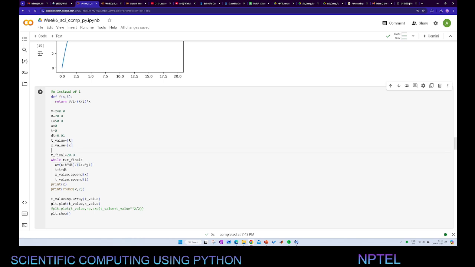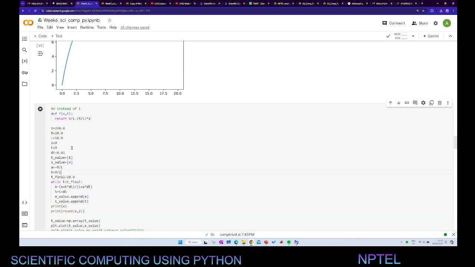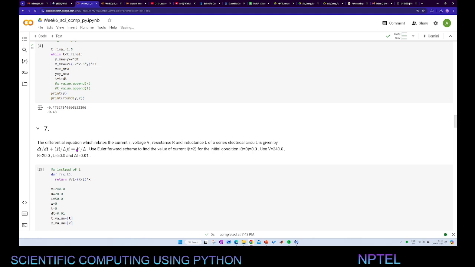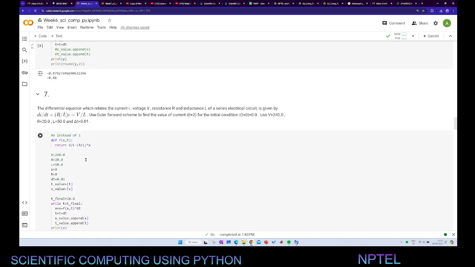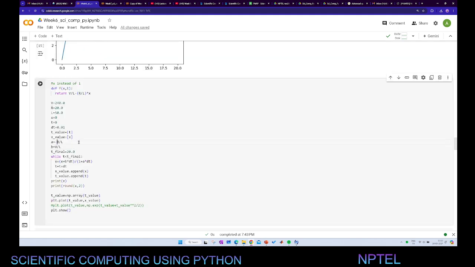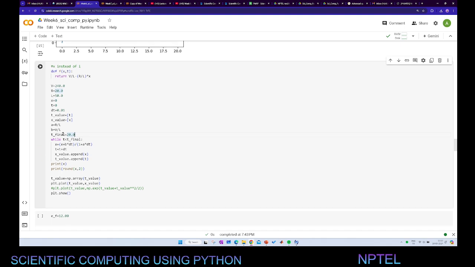Okay, and I have to define what a and b are. So a would be minus R by L, and b would be V by L. Is this correct, the way we have defined? Yeah, a is R by L and b is V by L. No minus. And then append, and everything should be same.